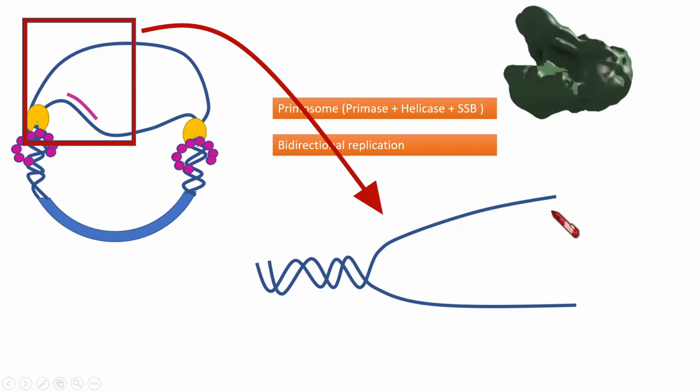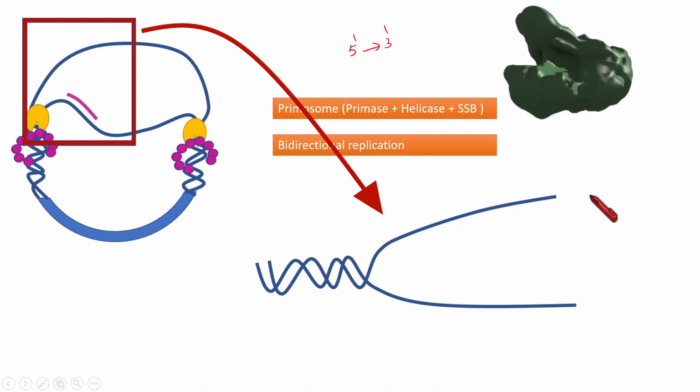From that origin of replication, DNA replication needs to start. And we have learned that DNA replication always proceeds in the direction of 5' to 3', because this DNA polymerase can add fresh deoxyribonucleotide to the free 3' OH end only.